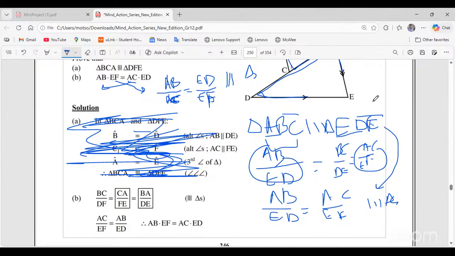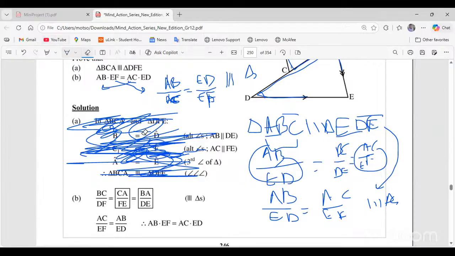I just went for this method in case you were not asked to prove the similarity. You are just given this, and then you can use this information to construct your triangles and prove the similarity, and then use the corresponding letters to form your ratios, and at the end you will come up with this.